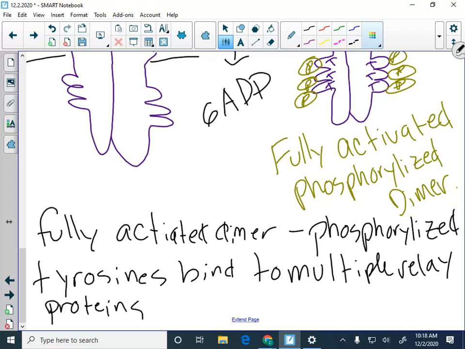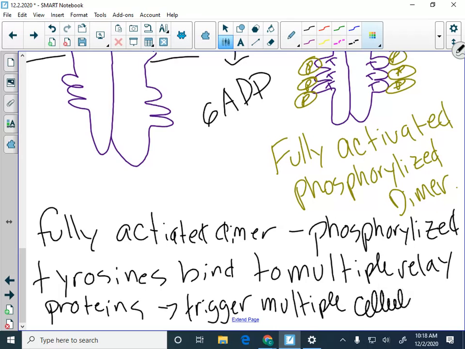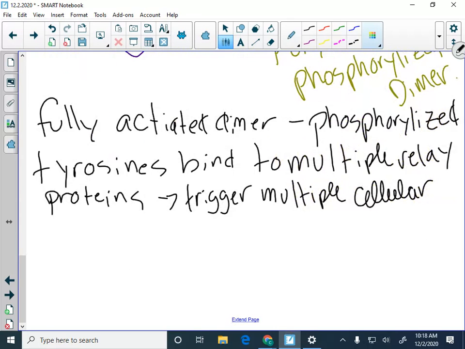So we would have other proteins come up through here and bind. You could get 2 on one side. And that will trigger multiple cellular responses.